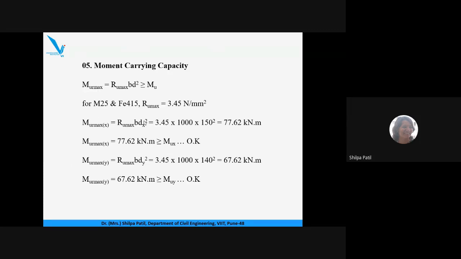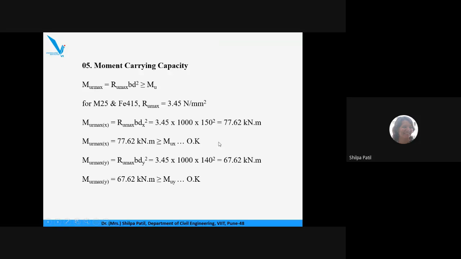By using the formula of MUR max, that is Ru max × B × D squared, we calculate MUR max. Both MUR max along X and MUR max along Y need to be calculated. For MUR max X, in the formula we put dx, the effective depth along the x-axis, and in the second formula, MUR max along y, we put the dy value.